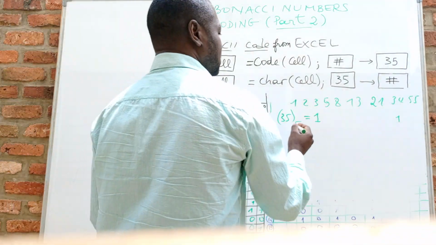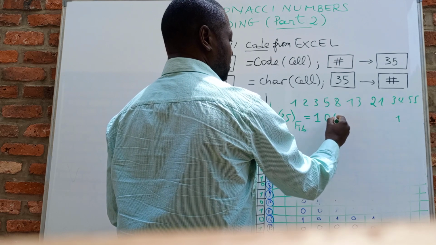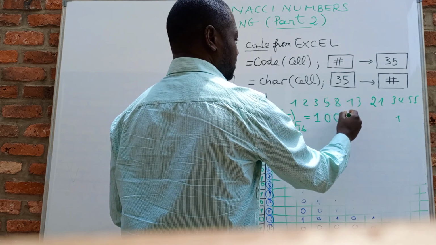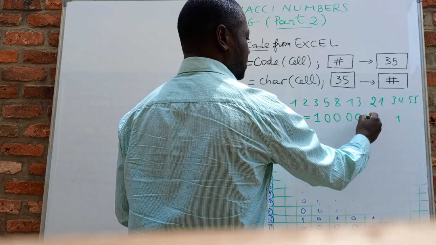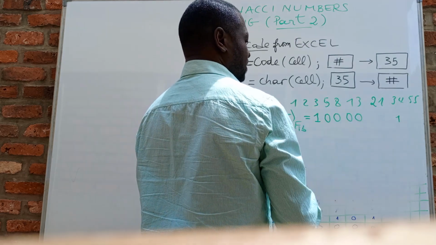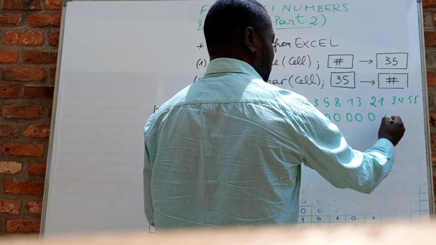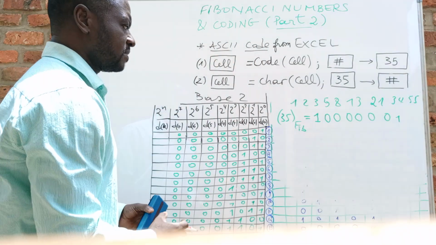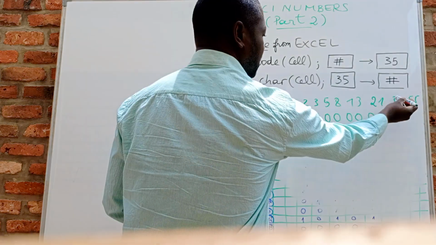So in that case, for 2 we associate the coefficient 0, for 3 is 0, for 5 is 0, for 8 is 0, for 13 is 0, then for 21 is also 0. Okay, so we have 1, 2, 3, 4, 5, 6, 7, 8.